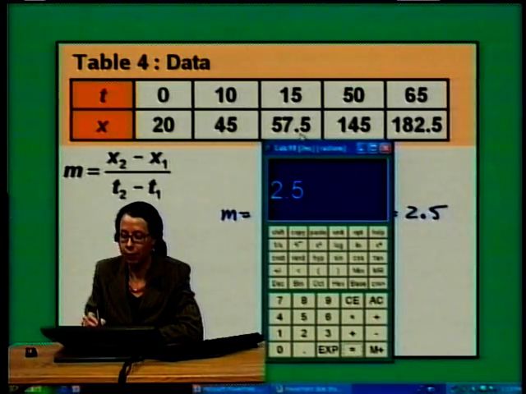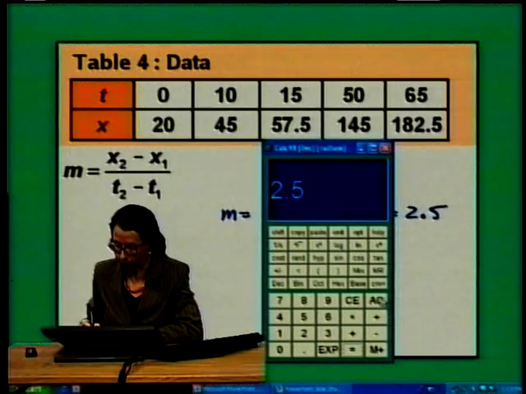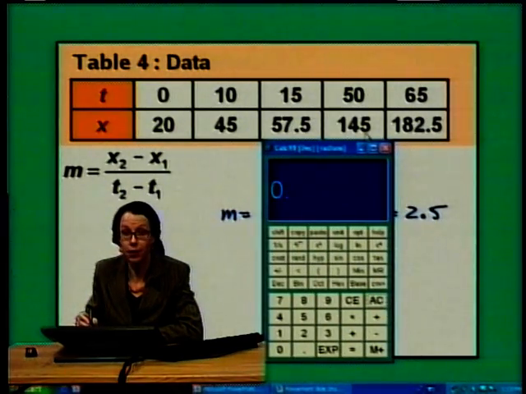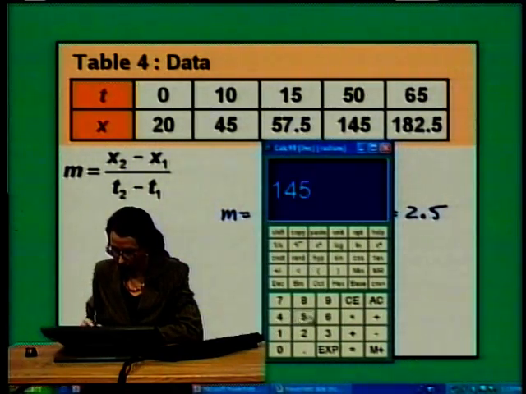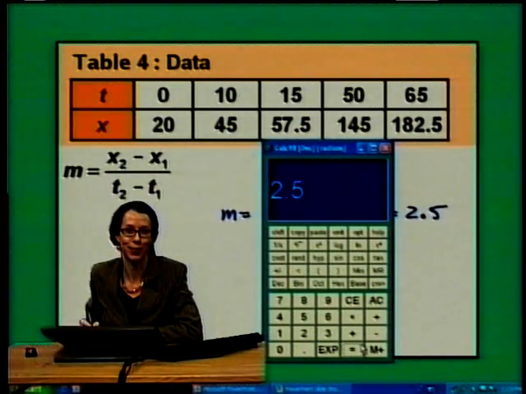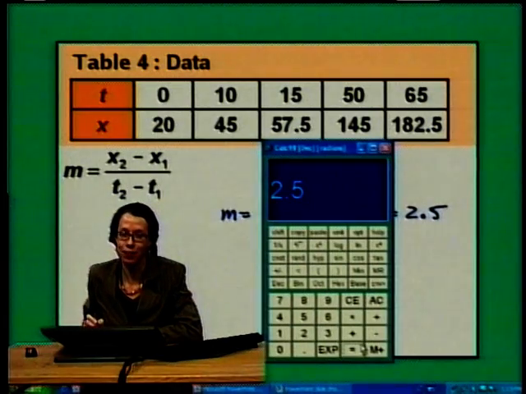Let me look now at the third column and the fourth column. I'm going to look at the difference in the x values, 145 minus 57.5, divided by 50 minus 15. That equals 2.5. One last calculation to check.